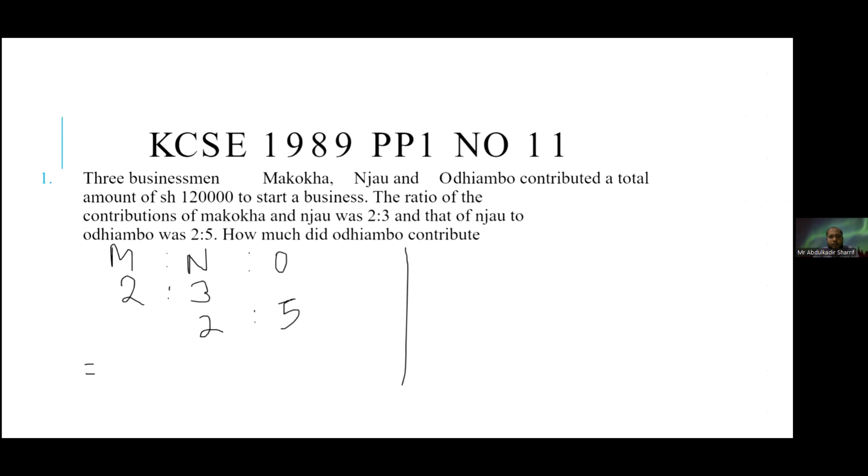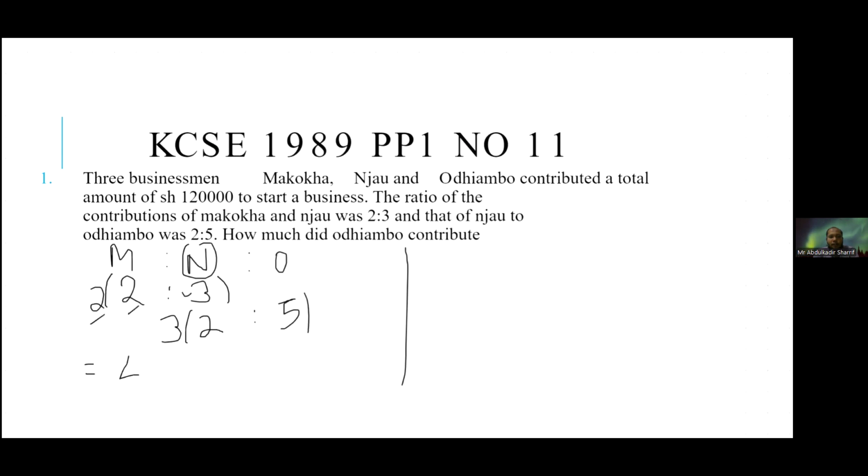So hii 2 tapeleka juu, I'll multiply by the ratio which is above, na hii 3 I'll multiply with the ratio which is down, which is times 3. So when I start taking 2 times 2, nitapata 4. Ikichukua 2 times 3 nitapata 6.